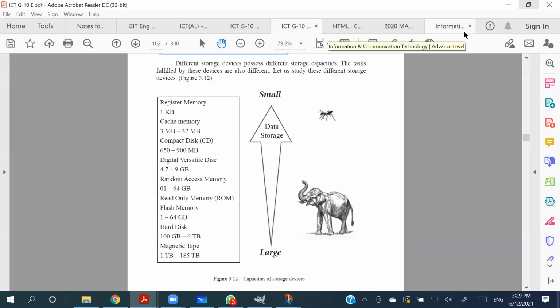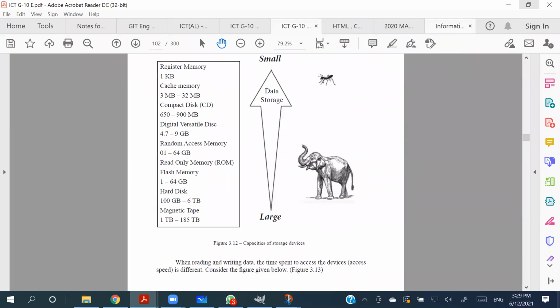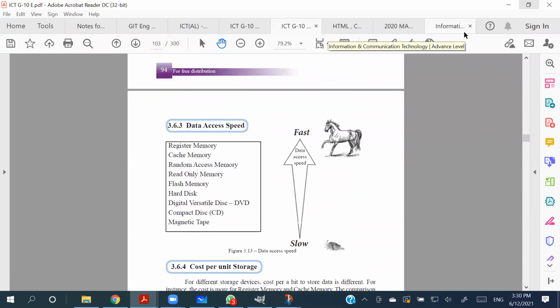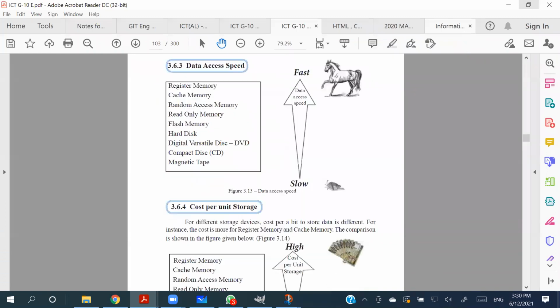Can we move? Is there anyone still writing this? You may write this and indicate data access speed, how data access speed happens, and then how cost per unit storage happens, right?